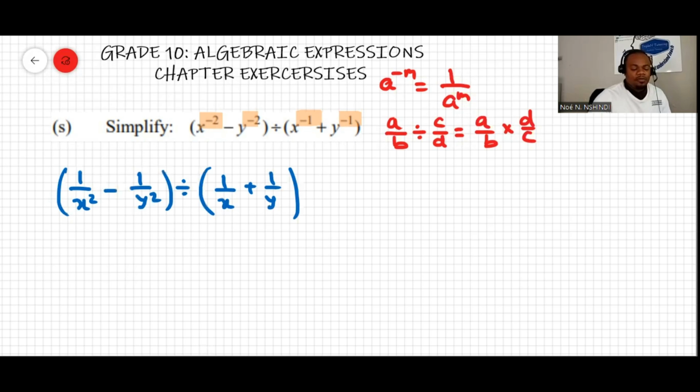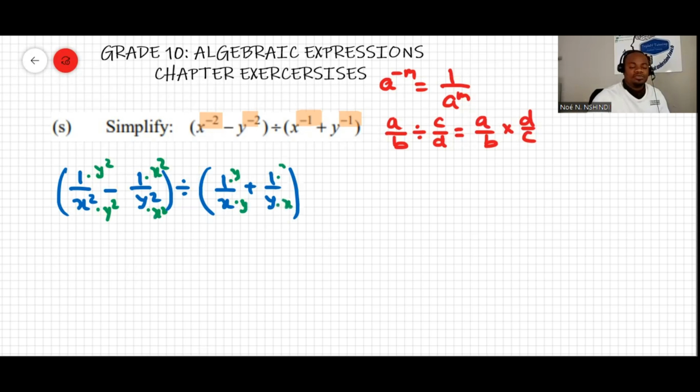Now, I cannot really apply this property here as yet because it's not one fraction. Here we have two fractions within this bracket, same as here. We need first to combine the fractions. To do that, I times here by y squared, times by y squared there also, I times here by x squared, times here by x squared, times here by y, times here by y, times here by x, times here by x.